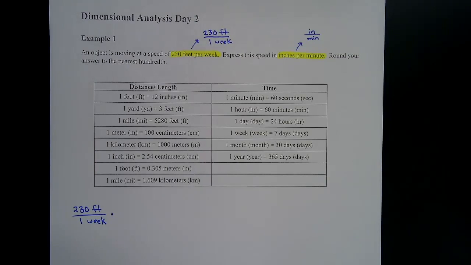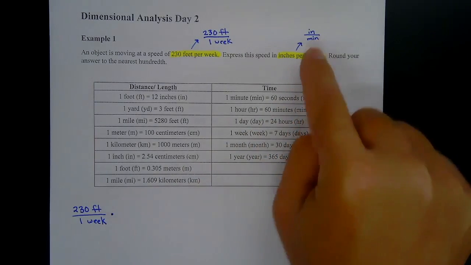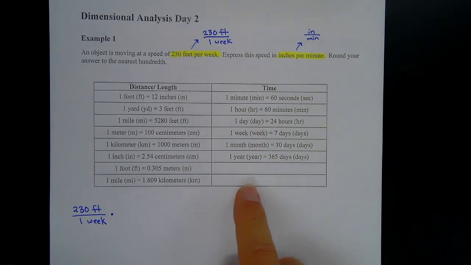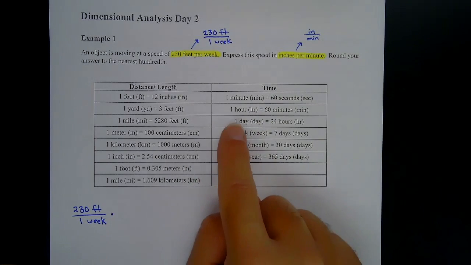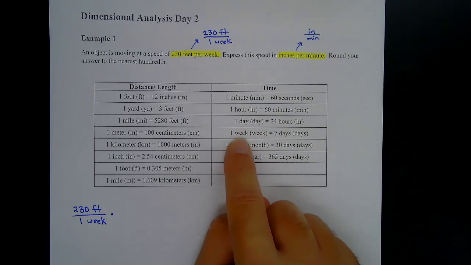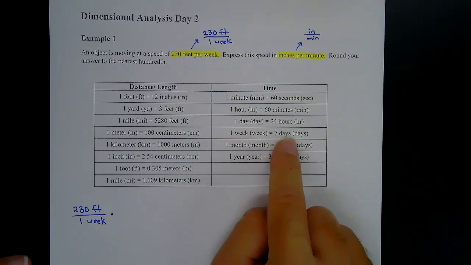We want to concentrate on converting one unit at a time. We want the time unit, which right now is weeks. We want to change it to minutes. Do we have anything with weeks? Yes, 1 week is the same as 7 days.